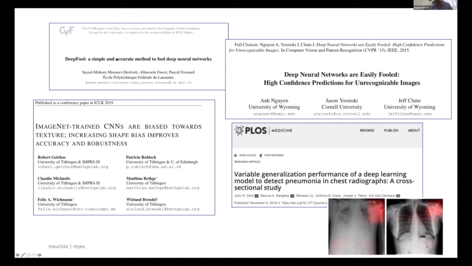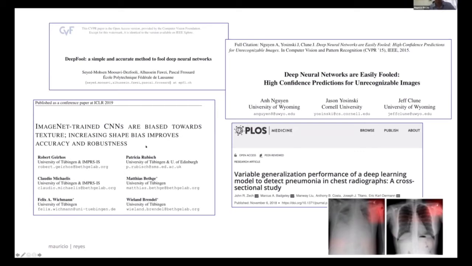That's what you see here on the top left, the same on the top right. These are studies showing this glass cannon aspect of the tool: a technology that's very powerful but can be easily fooled if you don't take special care in the way the training happens.